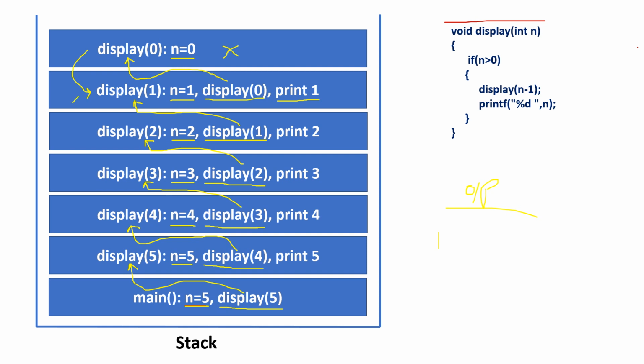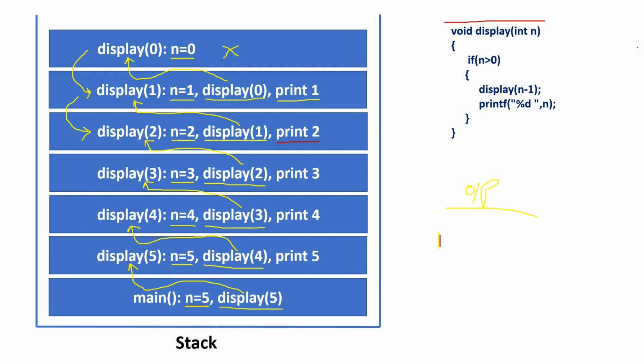Then control comes to its caller. Who is the caller for display of 1? That is display of 2. Initially we got output 1, and coming to display of 2, what is the remaining statement that is left?